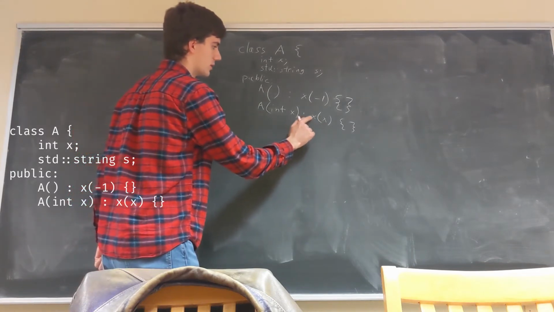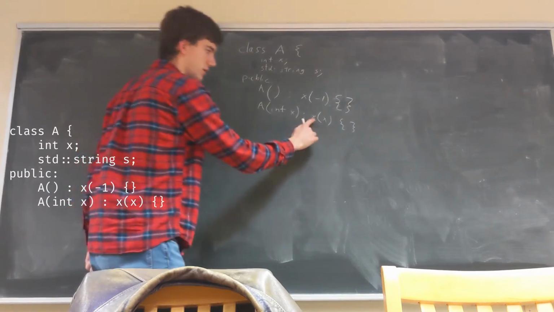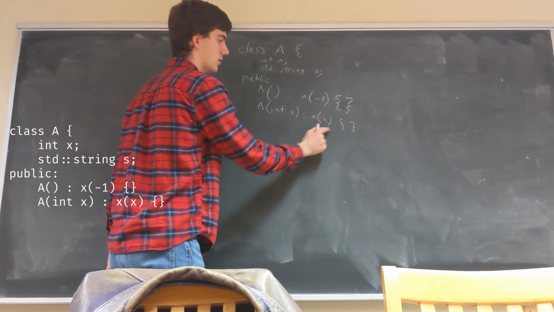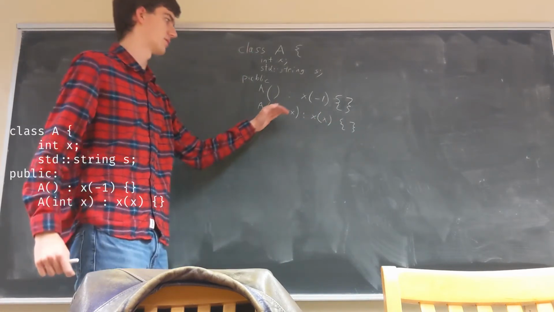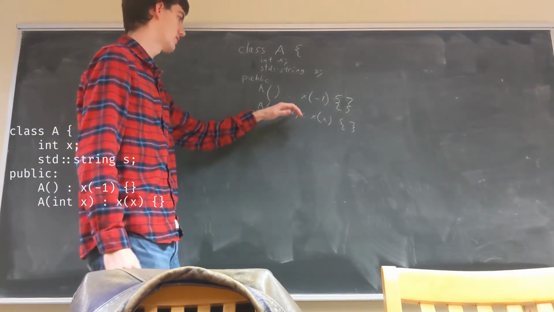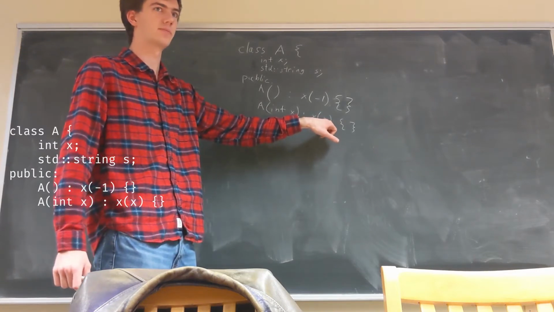Here, the only thing that can go here is the name of a field, so it's not ambiguous that I'm talking about that x. And here, this is an expression in the context of the constructor. So first it looks for an x in the scope of the constructor itself, finds one in the parameter list, and that's the x being talked about here.